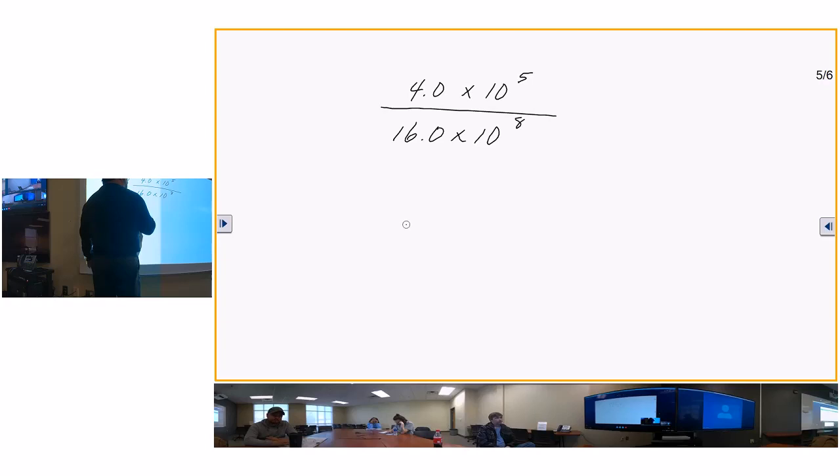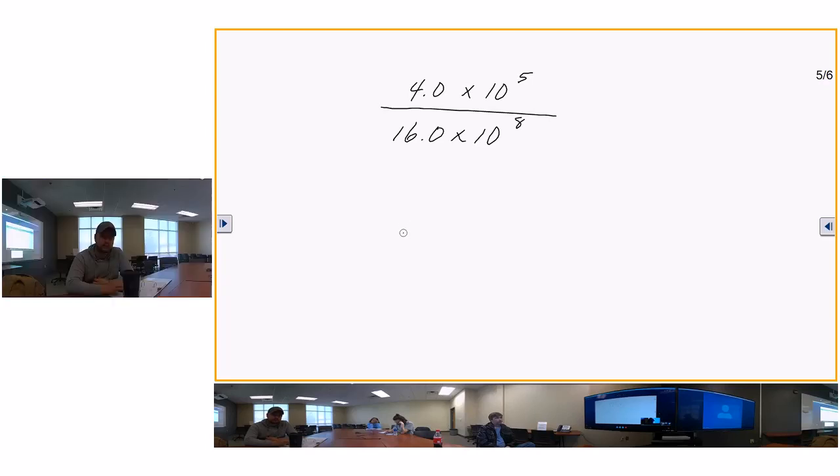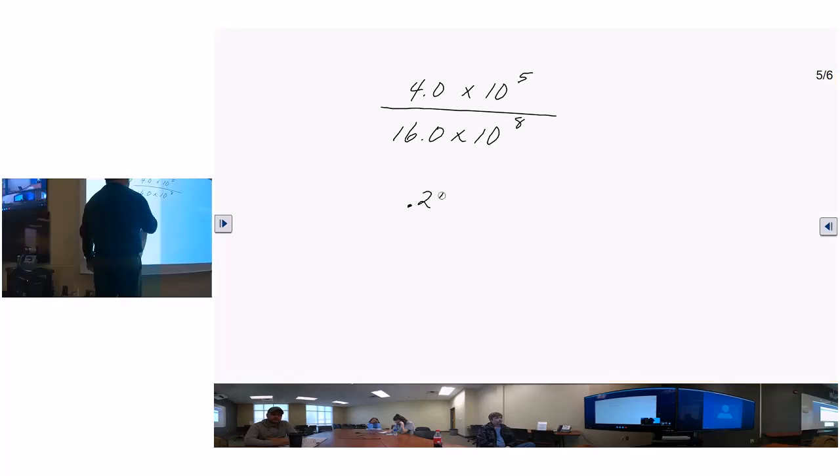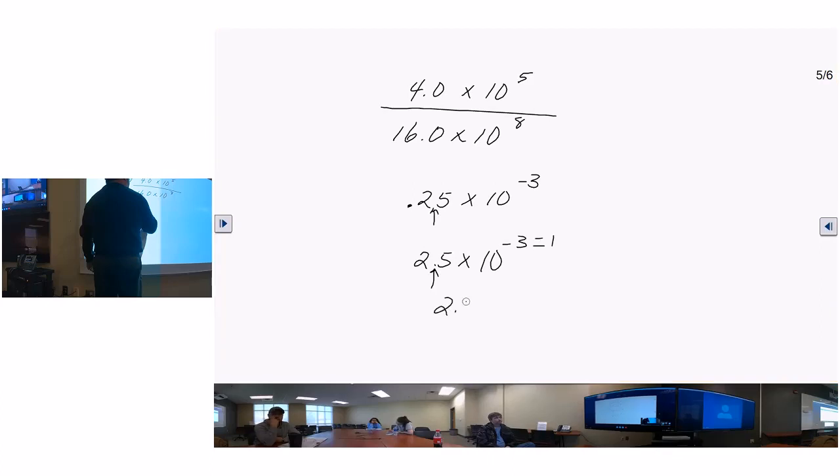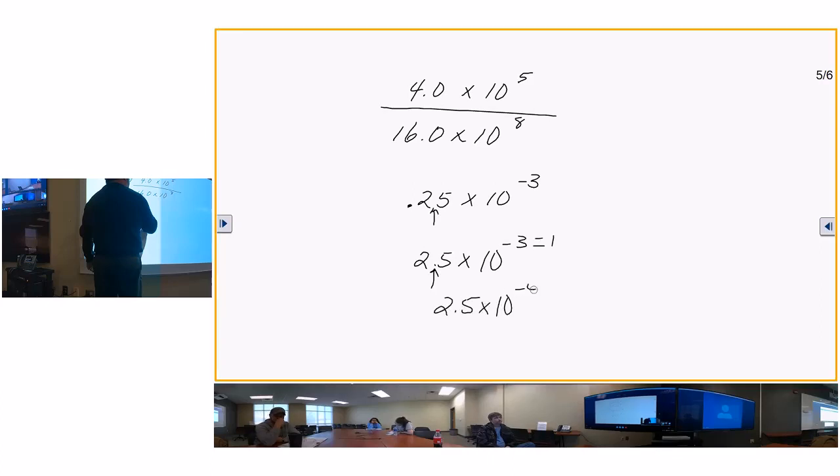One fourth, which is point what? 0.25. Times 10. What's 5 minus 8? Negative 3. Now, where does the decimal belong? It belongs right there. So 2.5 times 10 to the negative 3rd. Which way did I move this decimal in my head to get it back the way it was? To the left. So that's going to be 2.5 times 10 to the negative 4th.